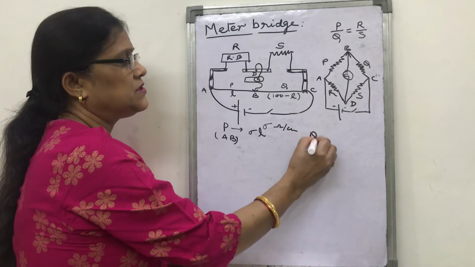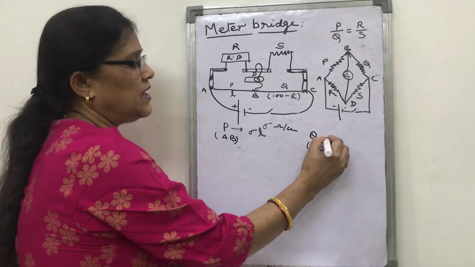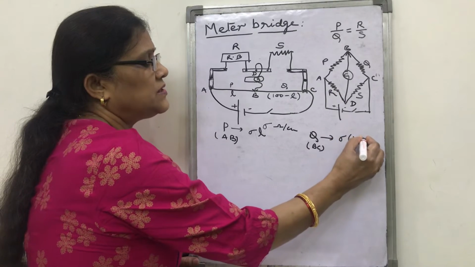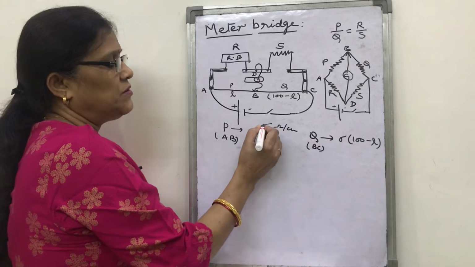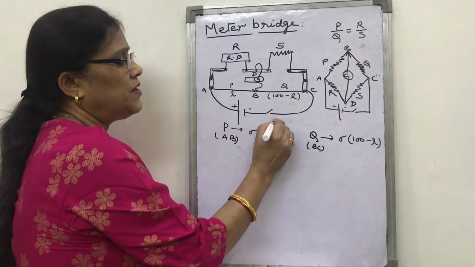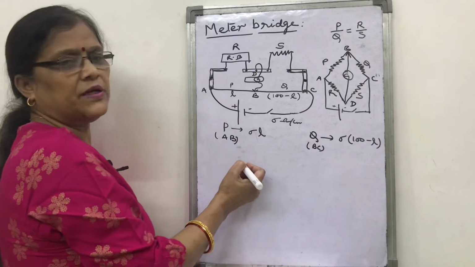Then BC resistance is Q, and this Q can be written as sigma into (100 minus L). So what is sigma? Sigma is the resistance per unit length value, that is ohm per centimeter.